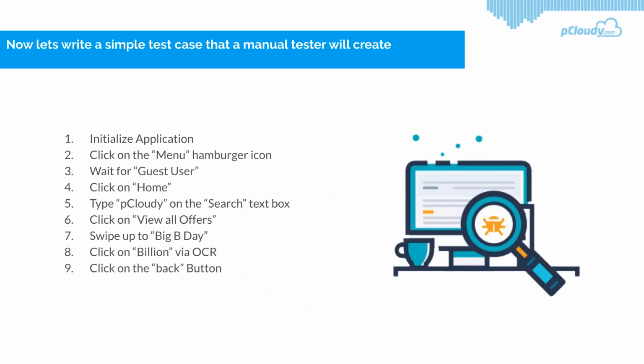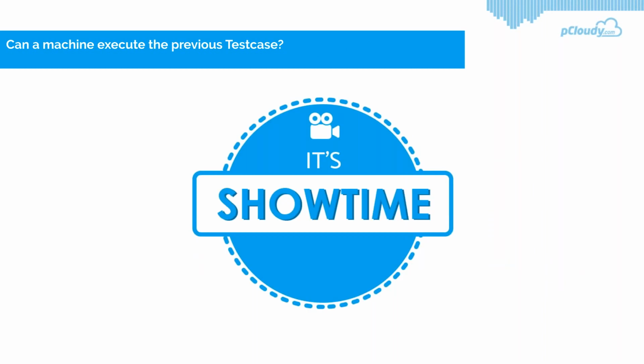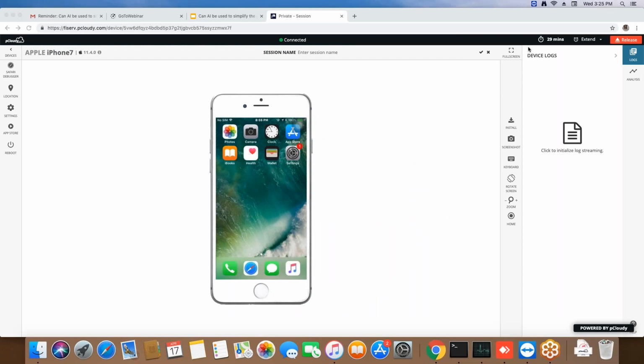Let me go back to the previous test case. Click on the menu hamburger icon, wait for guest user, click on home. Do you think a machine can execute it? It's showtime. Let's see. So here I'm seeing a pcloudy device.